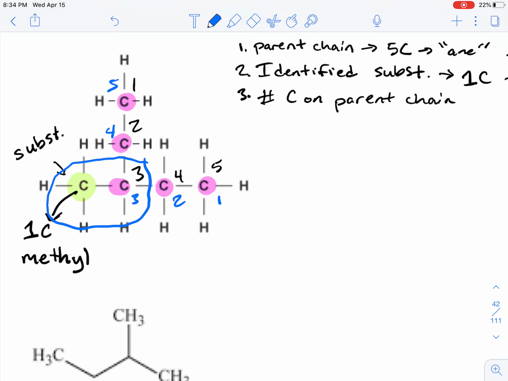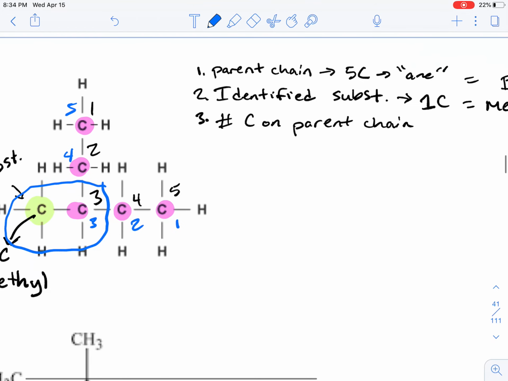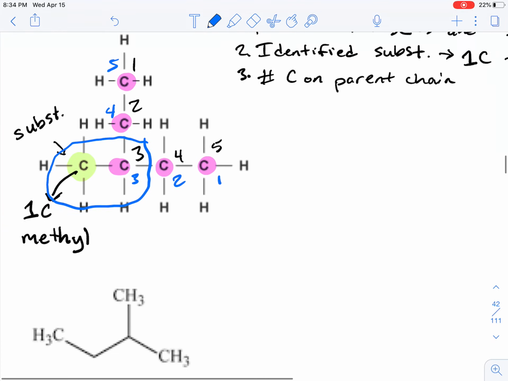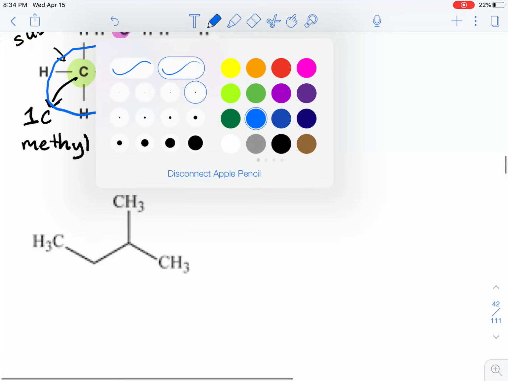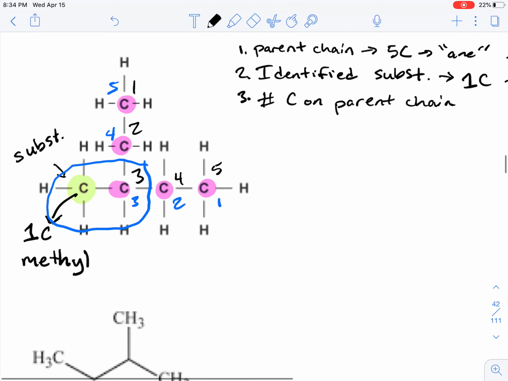And so therefore, I am just going to choose one, because it doesn't really matter. So I'm going to tell myself that this methyl is on the 3rd carbon of the parent chain.